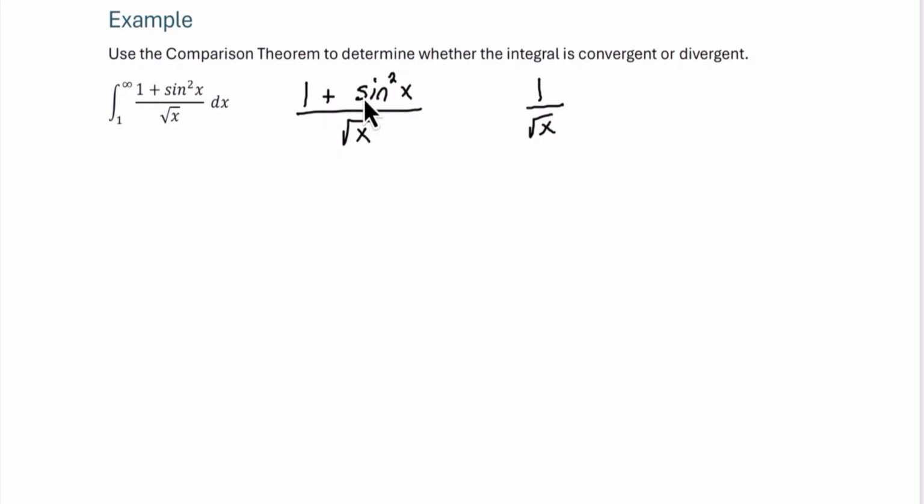Notice if we remove sine squared and write it as just 1 divided by the square root of x, the numerator has gotten smaller. If the numerator is getting smaller, then this fraction is smaller as well. So we can say greater than or equal to, since this one is smaller.